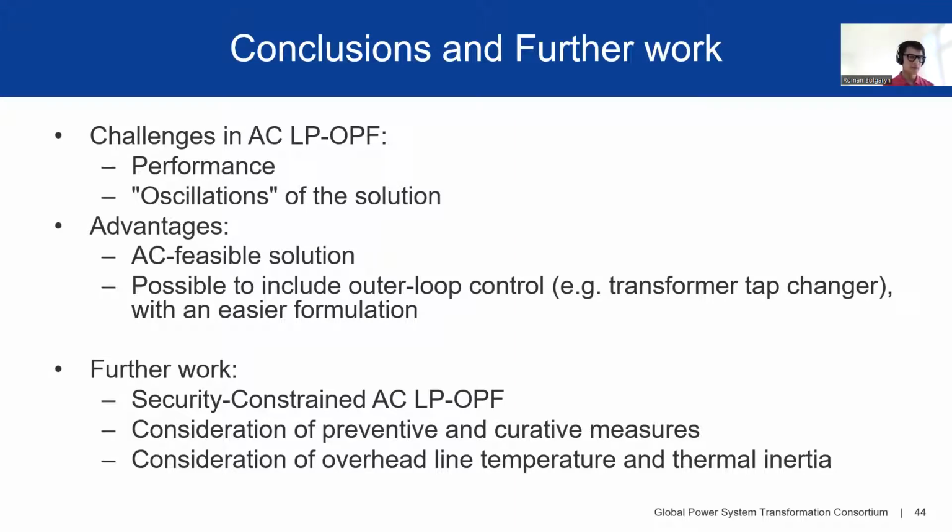And also sometimes we can observe oscillation of the solution where the optimization is jumping between one solution and the second solution many times. In this case, we have to stop the optimization and accept one of those two solutions.